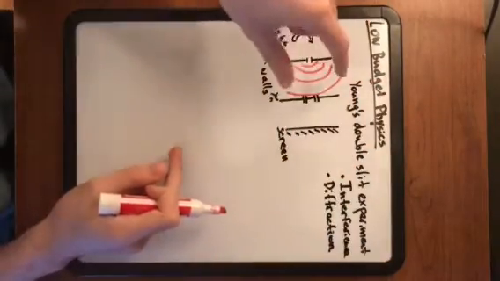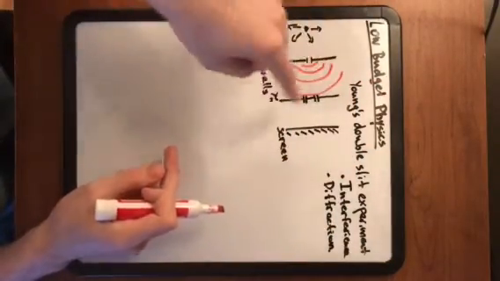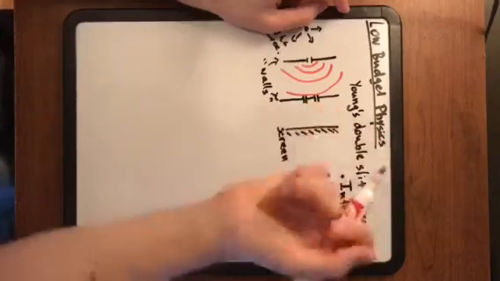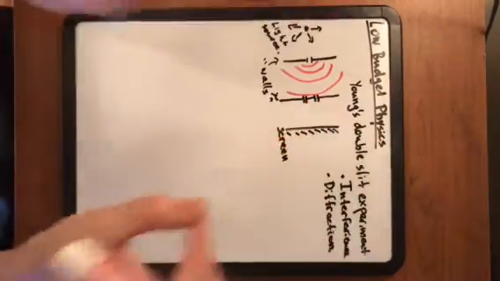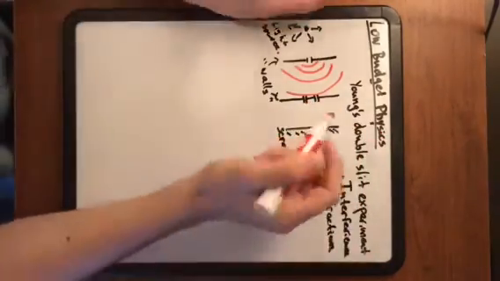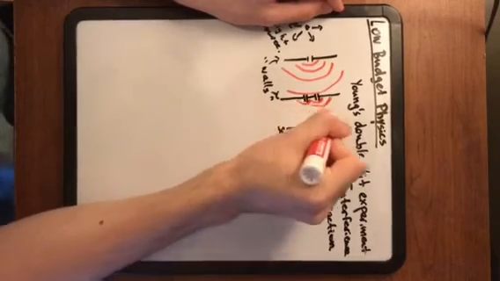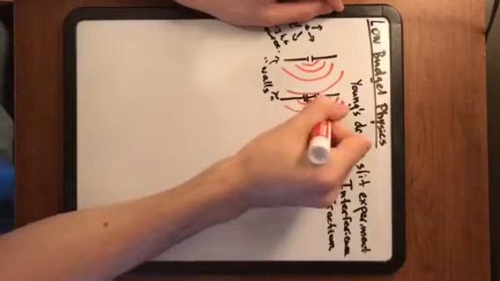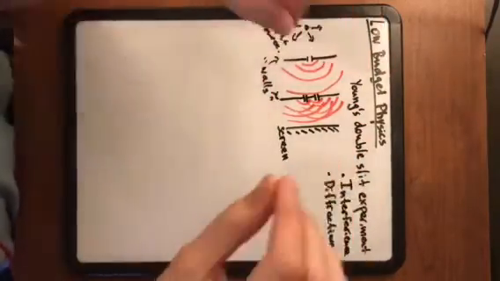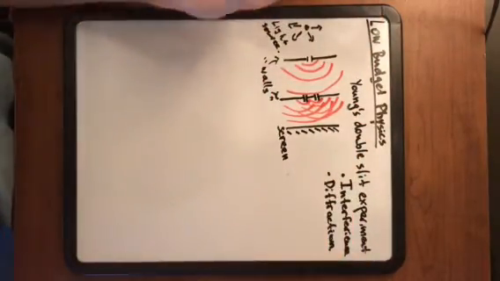When the coherent beam comes to the second wall, now we have two slits. So each of the slits is going to create its own coherent light. And so those two lights, they interact with each other.